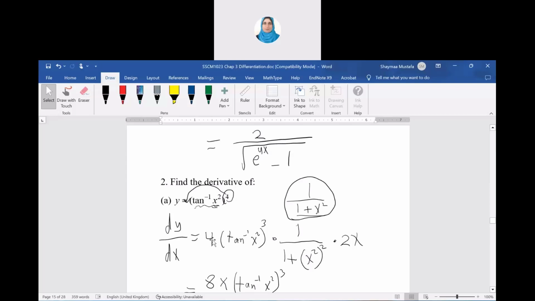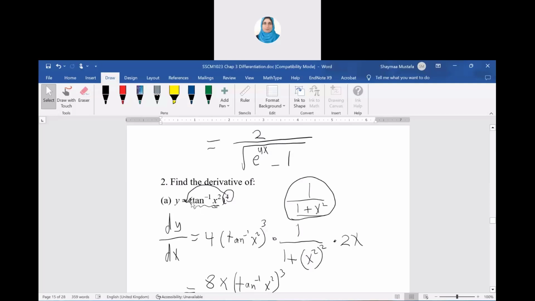So 4, the power, will become a constant. The new power will become 3, 4 minus 1, which is 3. Inside, we don't change. Keep the function inside. Just find the derivative of the power function. The 4 will become a constant. Reduce the power by 1. 4 minus 1 is 3.